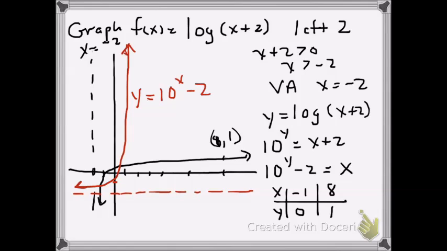That is the inverse function of the log function, so we might as well use the inverse function notation. Our f of x is equal to the common log of x plus 2, and our inverse function is 10 to the x minus 2.